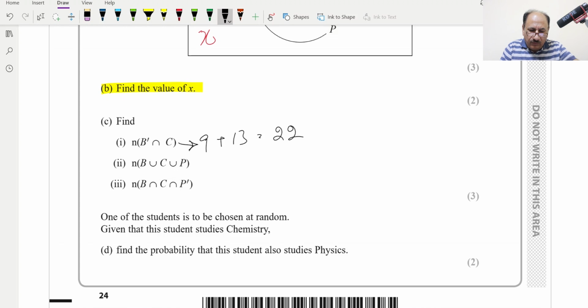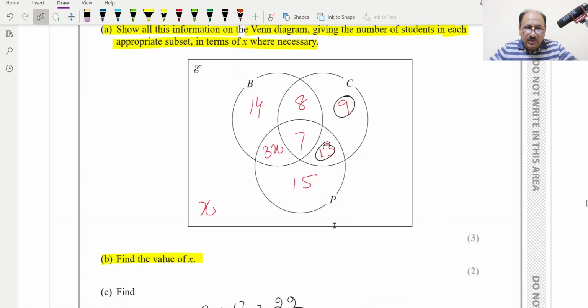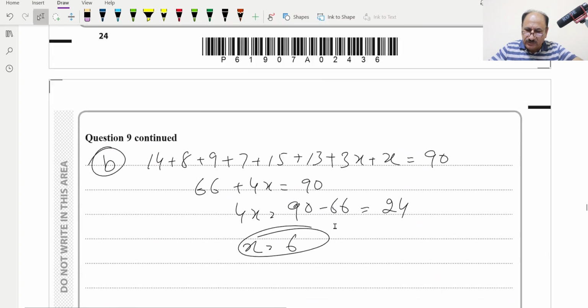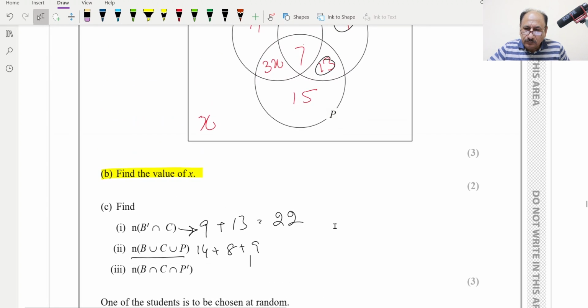Then comes the second one, B union C union P. So combining everything, it will be 14 plus 8 plus 9 and plus the x value we already found, which is 6. So we can use that x value also.